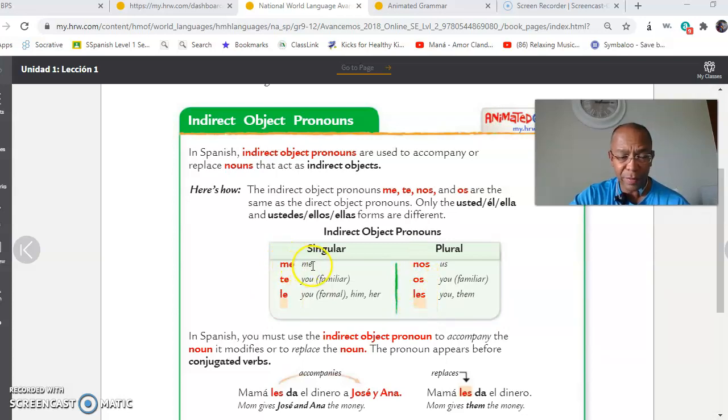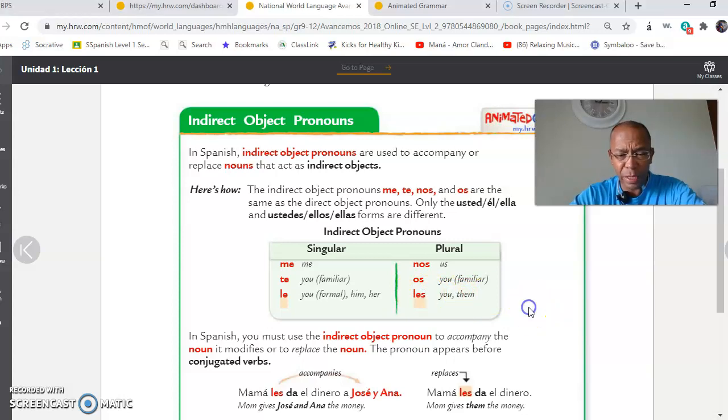Me, for me. Te is for you. Le is used for him, for you formally, in the usted form, and her. Nos is for us, and also for vosotros. Les is for you and them.